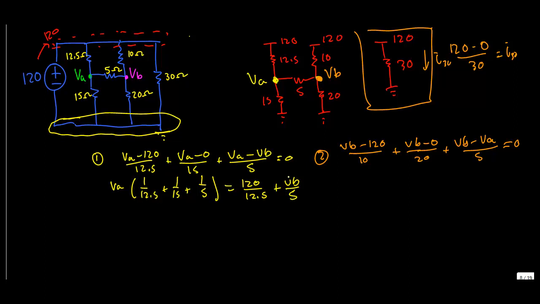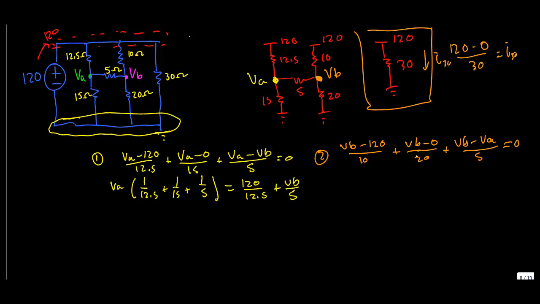Now if we get a common denominator, we can go ahead and multiply. I'm not going to really do that, just use your calculator when it comes to random numbers. We got 1 over 12.5 plus 1 over 15 plus 1 divided by 5.